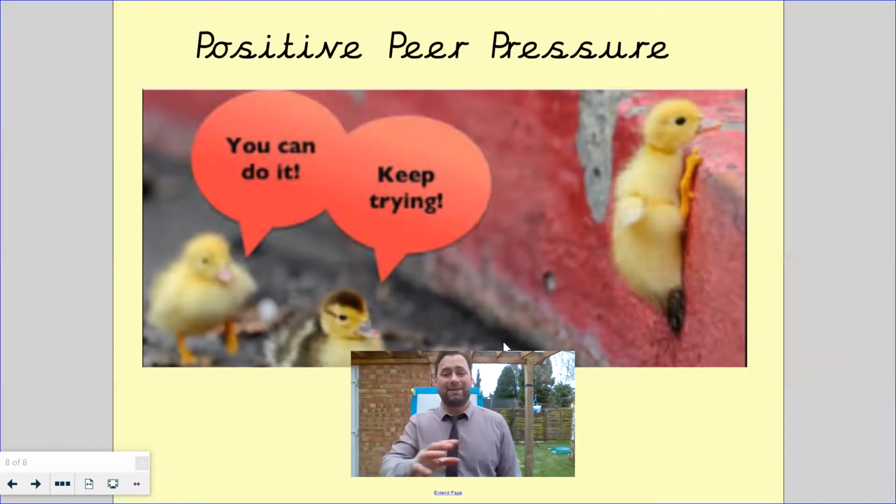Every rule may differ slightly, and it doesn't matter what rules you have, you respect the rules that are put in place by your respected adults. Hopefully that makes it clear about what peer pressure is, and hopefully you know that it is okay, even if some people may have Facebook or whatever, and they're saying, oh, you've got to sign on.